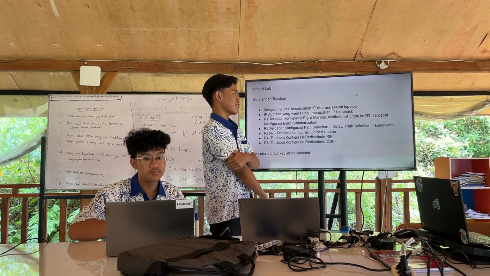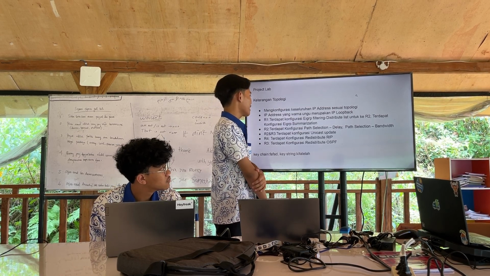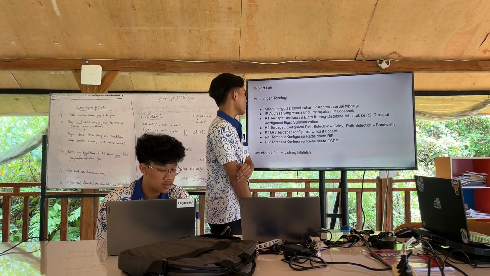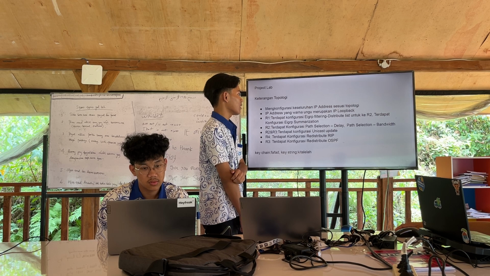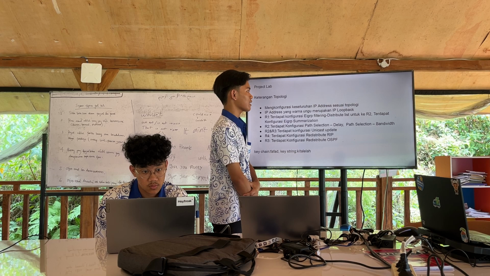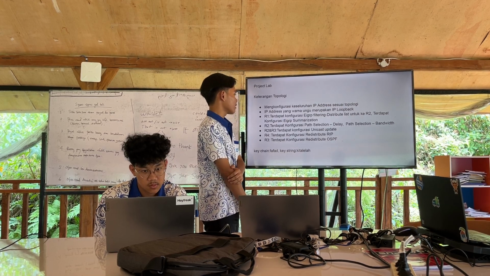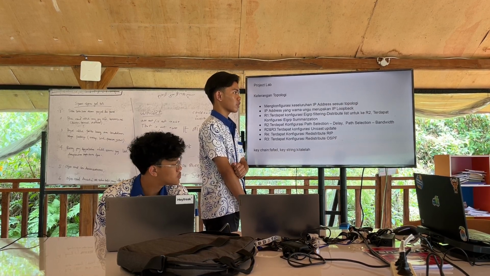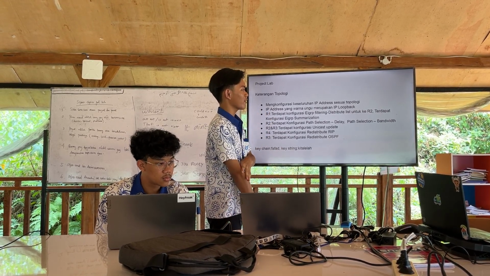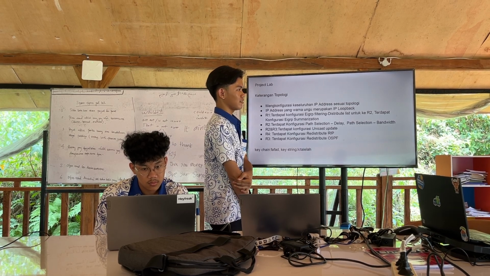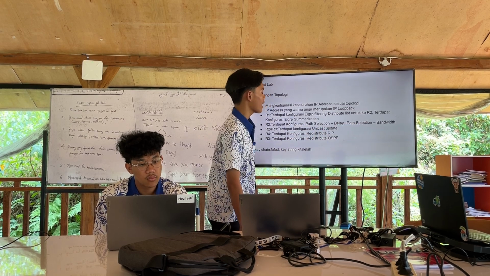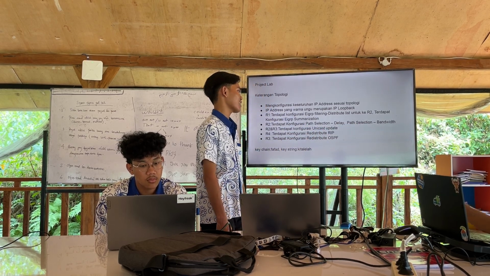Okay, this is for the instruction. First, we configured all the IP addresses on the topology, and the second IP addresses, in purple color, are the IP loopbacks. Then at the first router, router Yogyakarta, there was the configuration for AGRP filtering distribute list that accepts the center router, and then there was configuration for AGRP summarization.